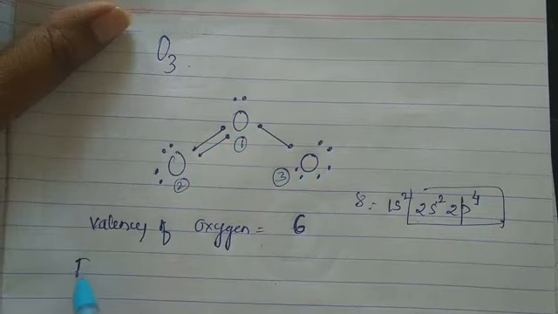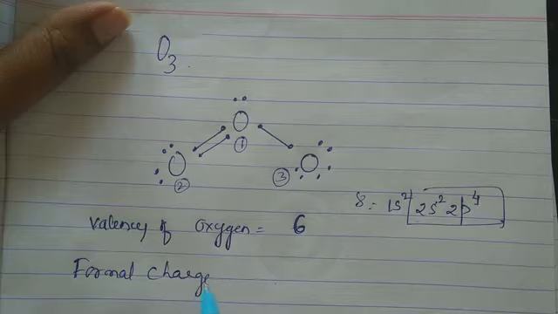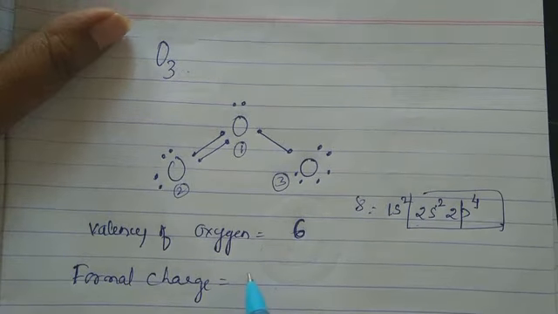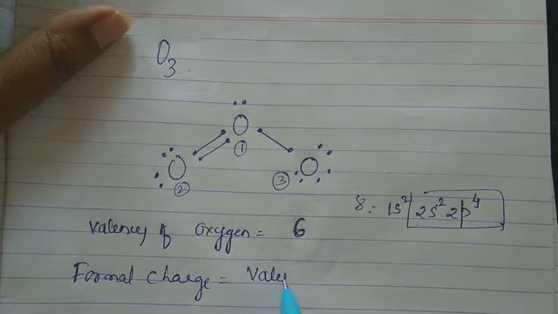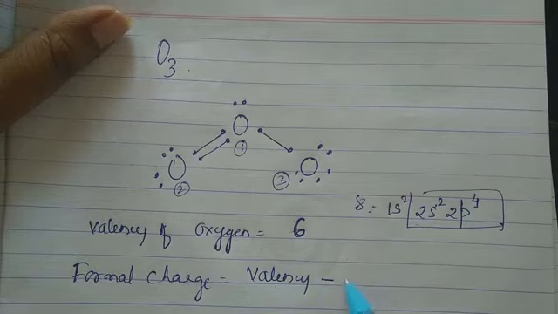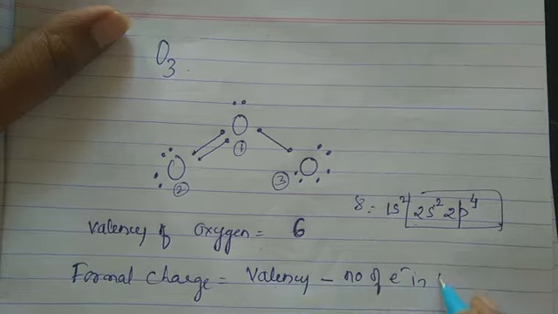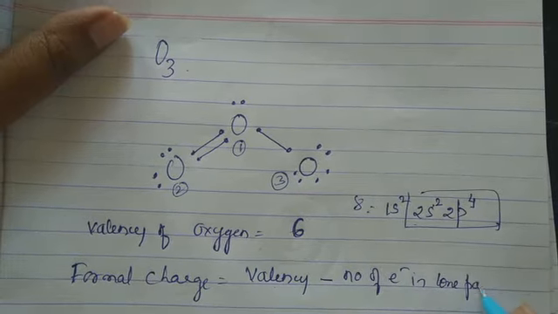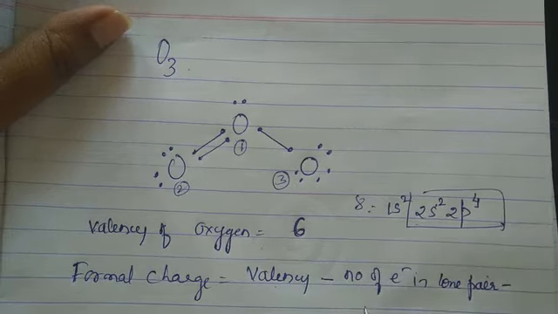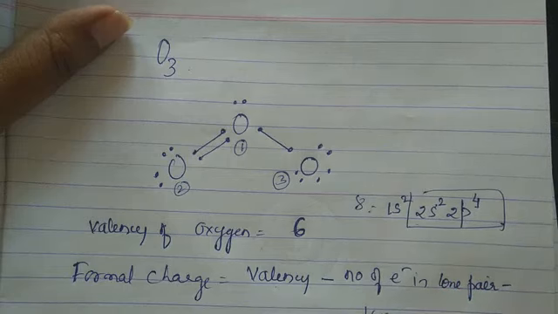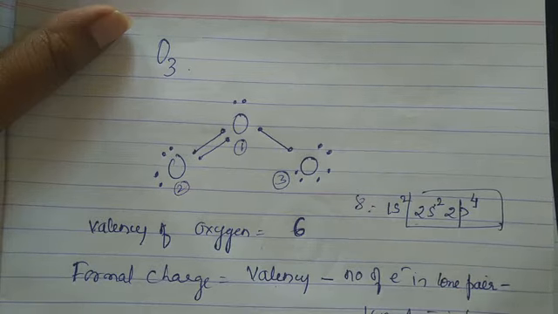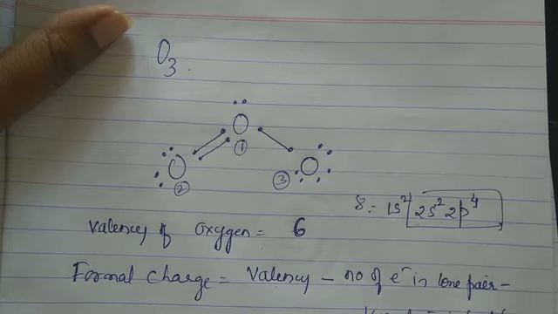So formal charge is equal to the total valency of the atom, minus the number of electrons in the lone pair, minus half of the number of electrons in the bond pair.